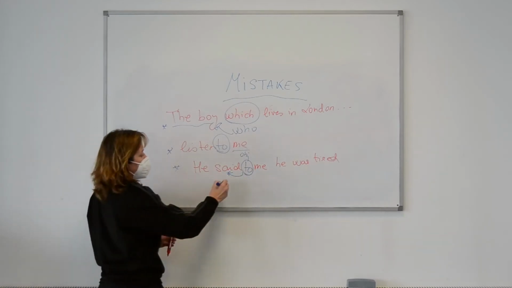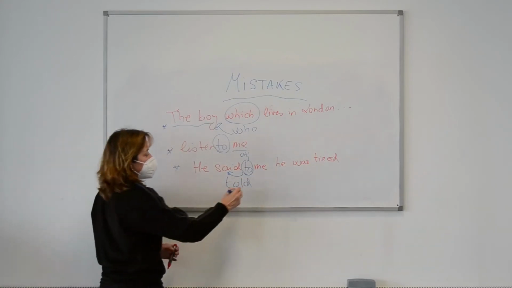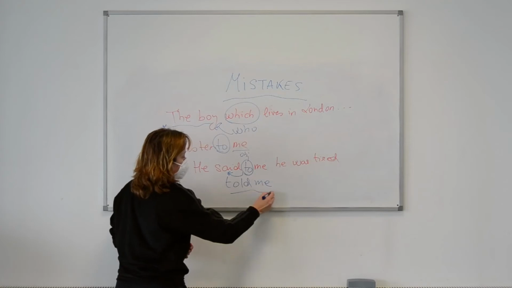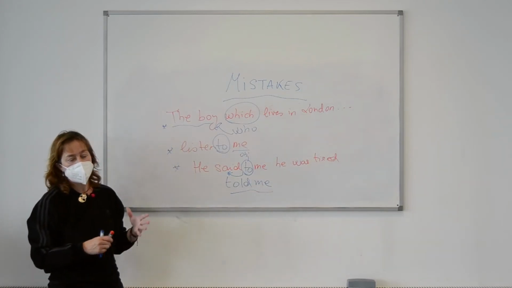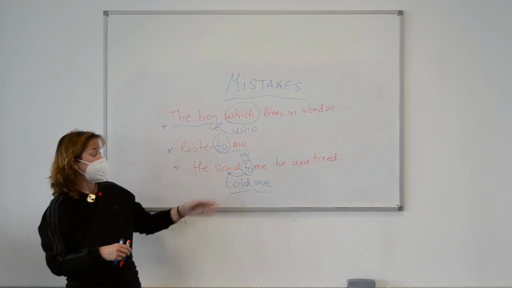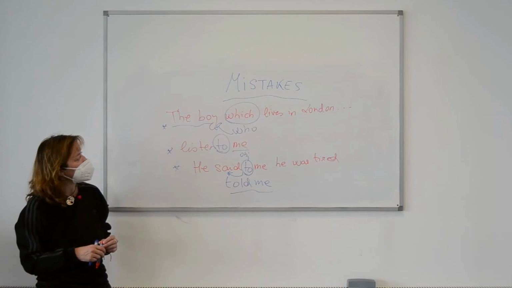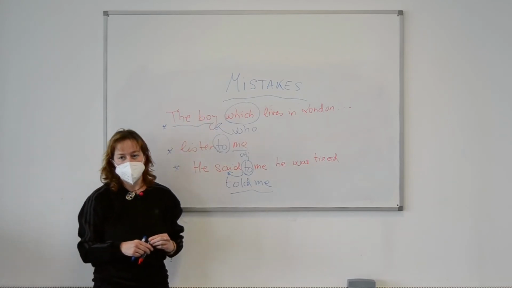If we use the introductory verb told, the preposition is not necessary. Sometimes we mix these two situations and we omit the preposition to with say when it is completely necessary, okay? Here we reviewed relative pronouns and the preposition to, right?